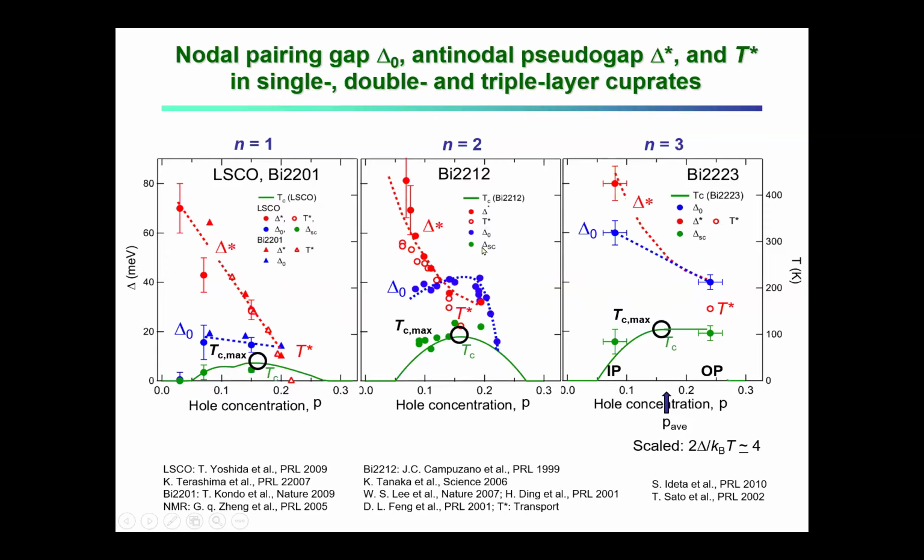Both increase, but the pseudo gap increases only moderately, while the superconducting gap increases very strongly from single layer to double layer to triple layer.